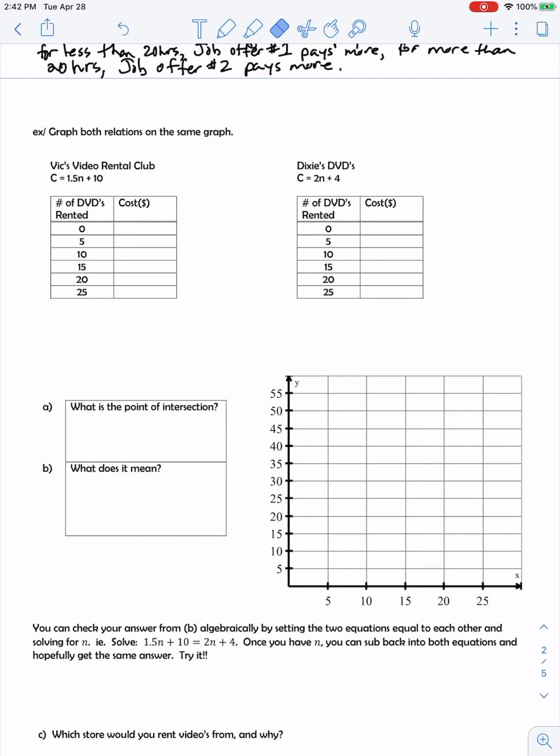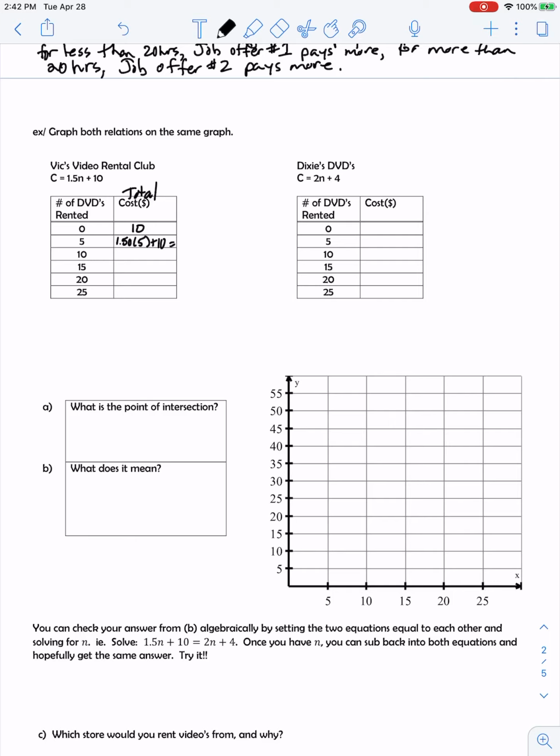Okay, so taking a look at Vic's, basically if I don't rent any DVDs at all, the cost to me is going to be $10 because I have to pay $10 to join that company. And if I rent 5 videos, I've got to pay $1.50 times 5 and then add the $10 because this is total cost, not just the cost for the 5 videos, but the total cost.